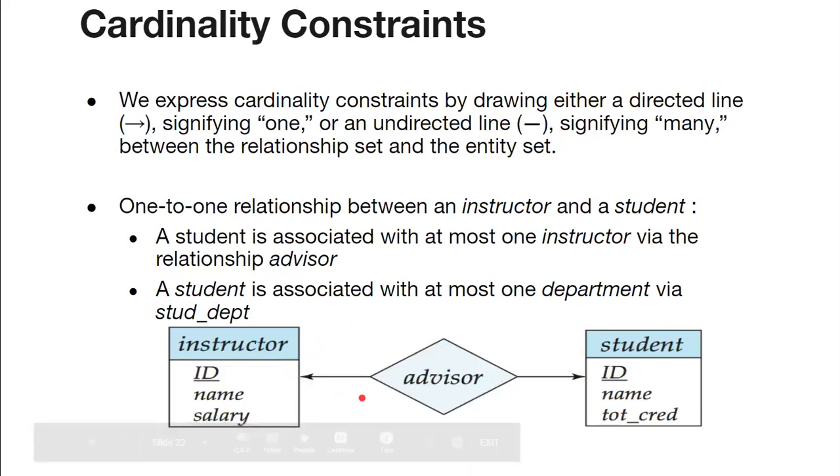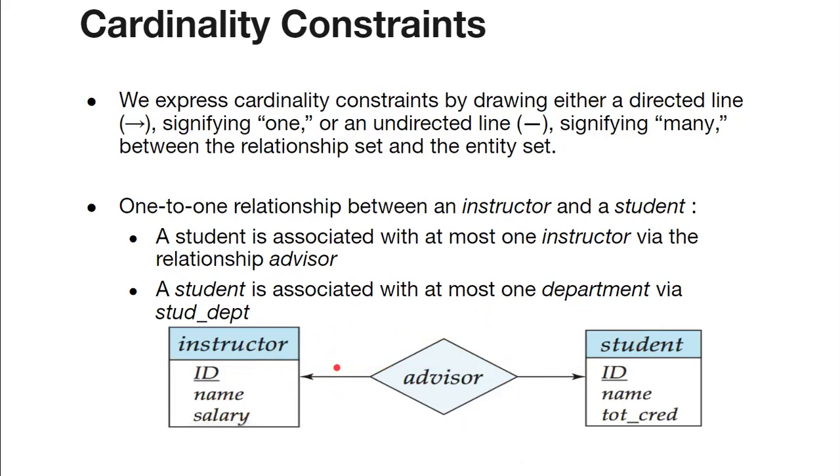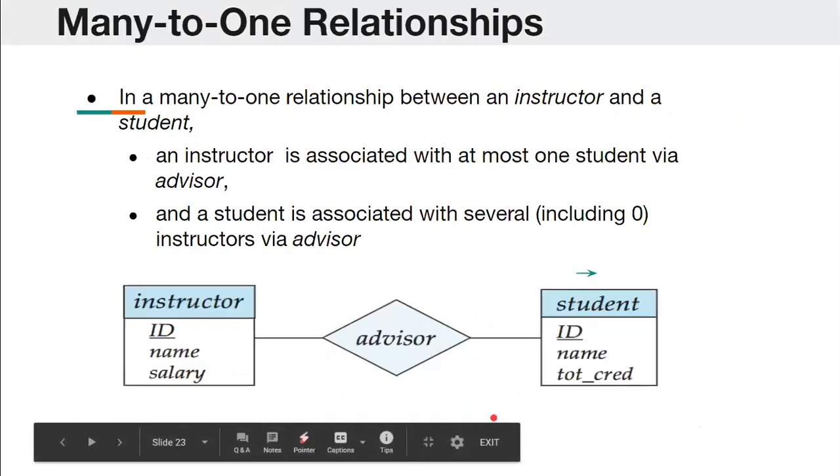The directed line signifies one, and the undirected line signifies many. This one-to-one relationship shows the student is associated with at most one instructor by the relationship advisor.